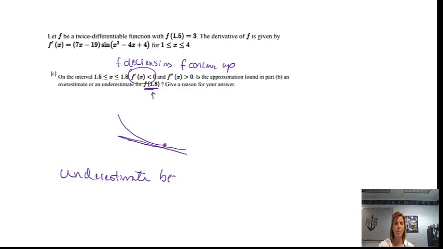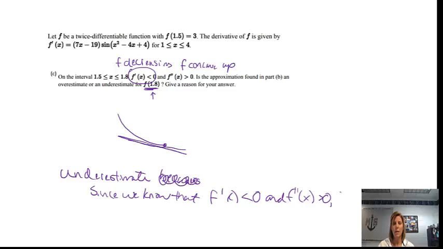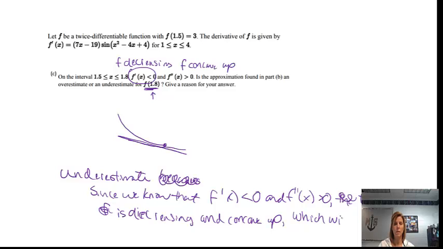And I'm going to say, since we know that f prime of x is less than 0, and, sorry, this is sloppy, f double prime of x is greater than 0, I'll just say f is decreasing and concave up, which will make our approximation an underestimate.